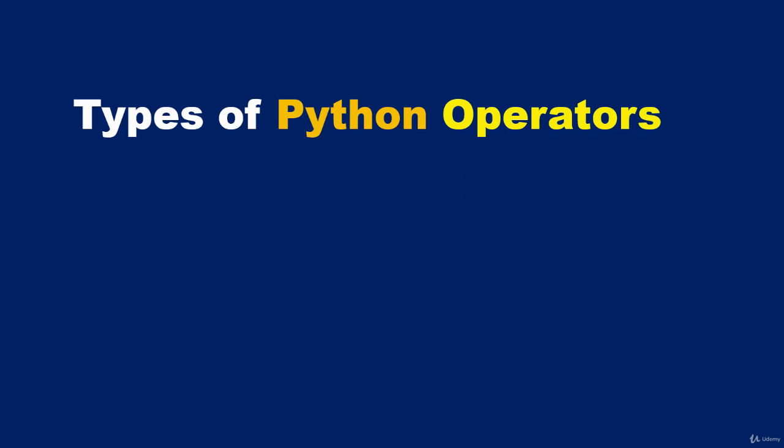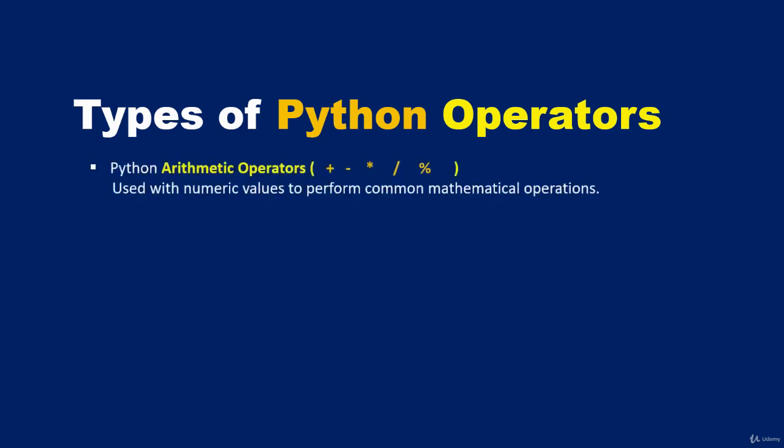The first one is the arithmetic operators. These are basically used with numeric values to perform common mathematical operations. They include things like plus, subtraction, multiplication, division, and this here is called the modulus operator.